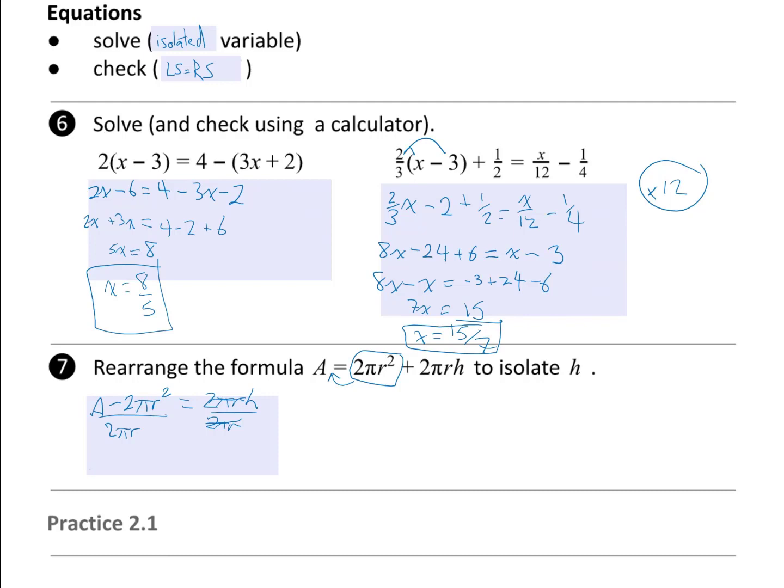So a subtract 2 pi r squared all over 2 pi r is going to equal h. On the left side, you actually can't cancel it out because you don't have 2 pi r in a either. That's why you don't cancel it out on the left side, but you can cancel it out on the right because it's in all the terms in the numerator.